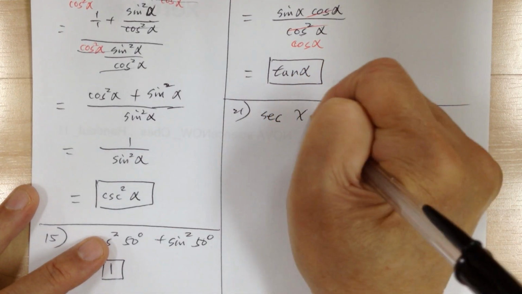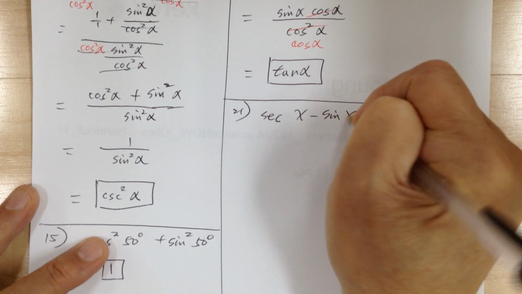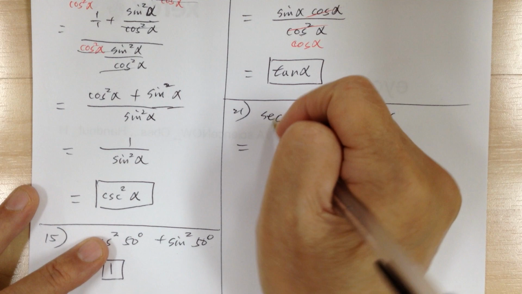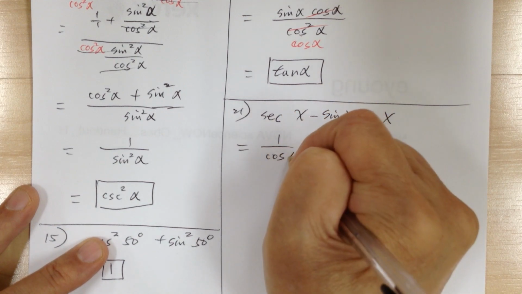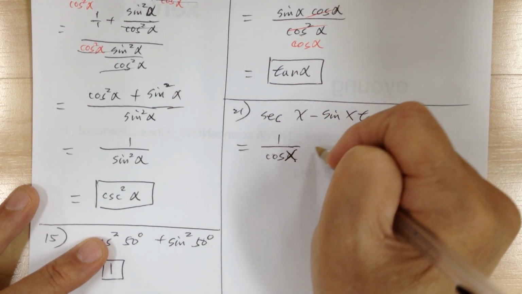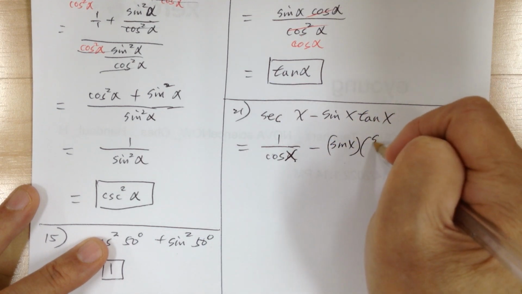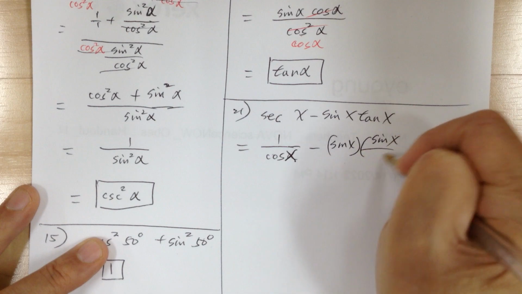Okay, number 21. Secant x minus sine x tangent x. Okay, so secant is 1 over cosine of x, and you got sine x. Tangent is sine over cosine.